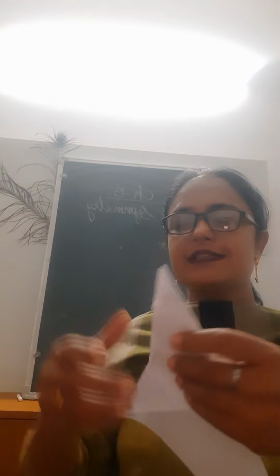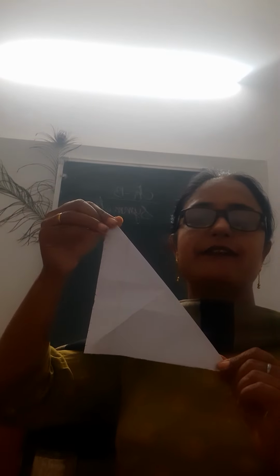Now the other side, the same way on the other vertices, if I fold, I am again getting a triangular sheet. Now the other side is hidden. So when I open it, this is your line of symmetry. So in a square, how many lines of symmetry did we get, students?